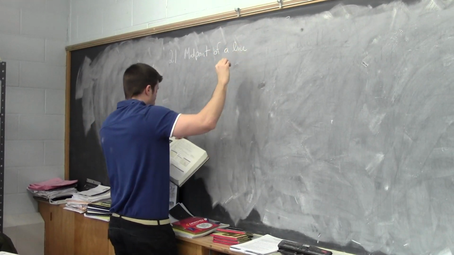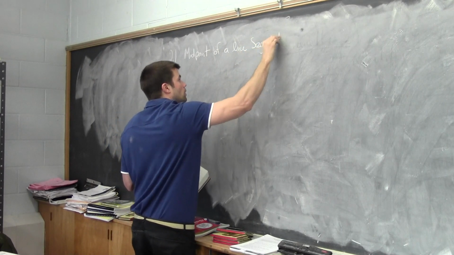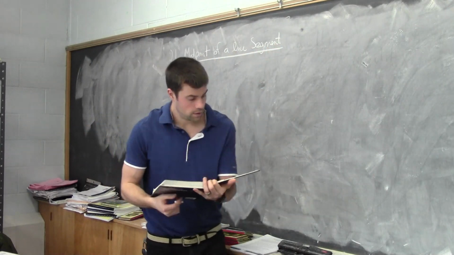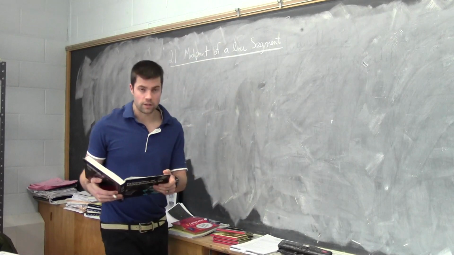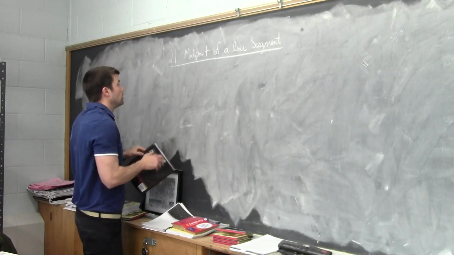Good, so we're looking at the midpoint of a line segment. The two definitions that we need to know are pretty basic; we've known them for a long time. The first one is the Cartesian grid.